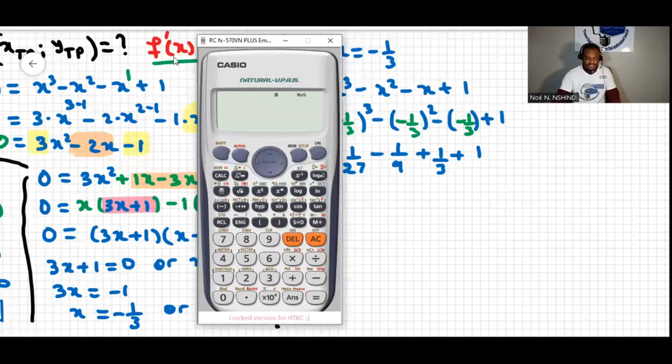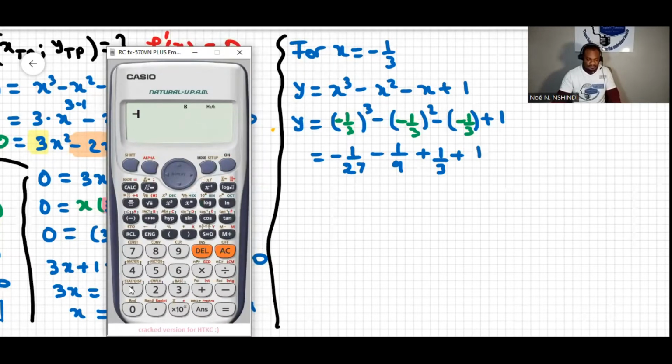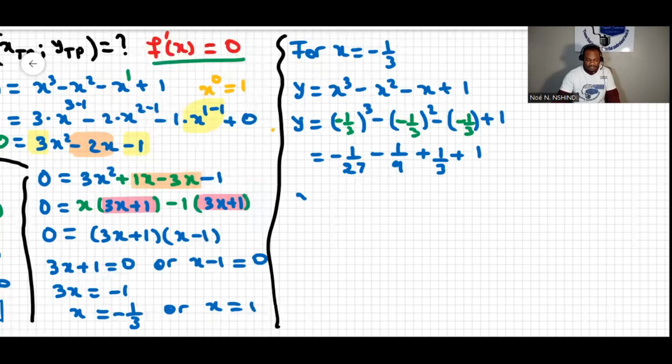So we have -1/27 minus 1/9 plus 1/3 plus 1. So this is just equal to 32/27. So y will be equal to 32/27. This simply means the turning point here is -1/3.